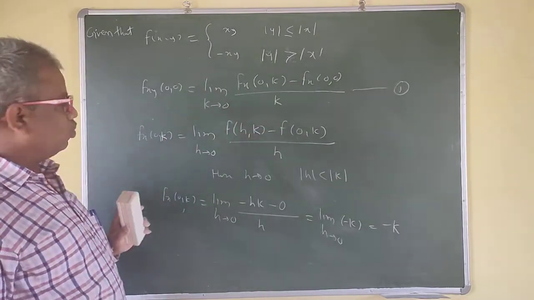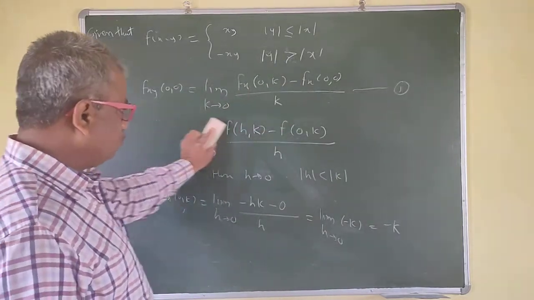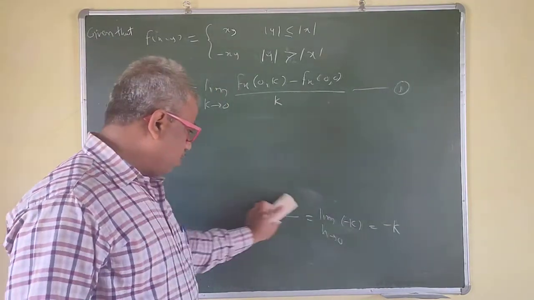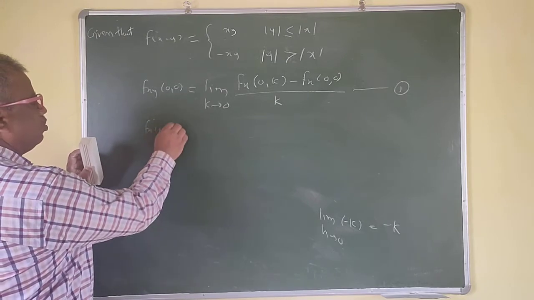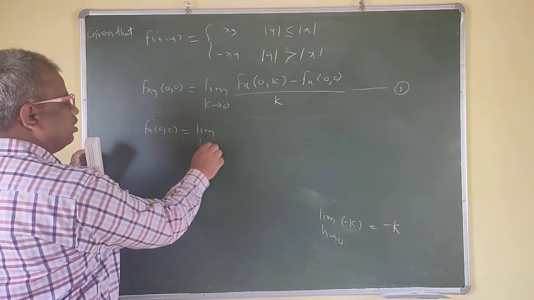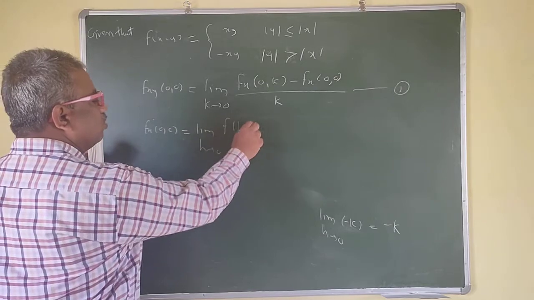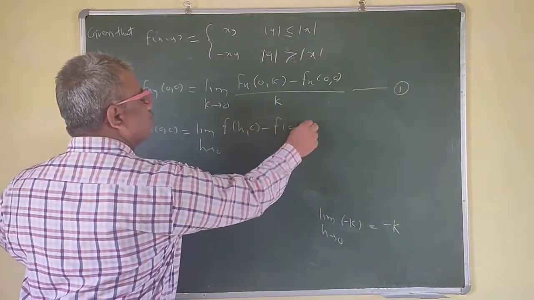We'll find the value of f_x(0,0) now. So f_x(0,0) is limit as h tends to 0 of f(h,0) minus f(0,0) upon h, by our definition.